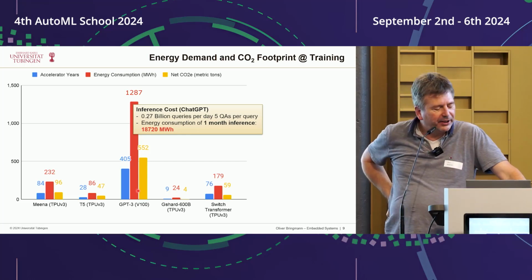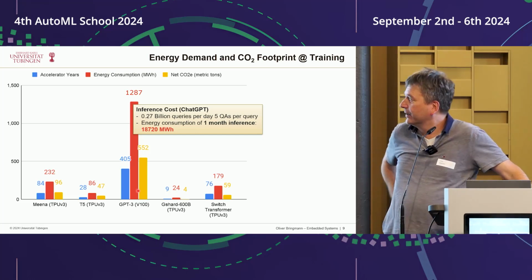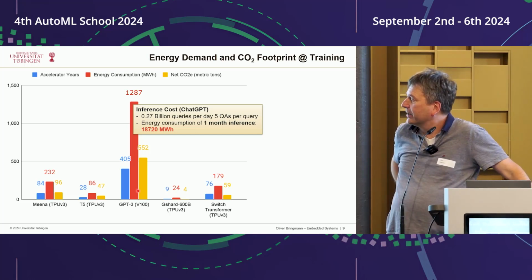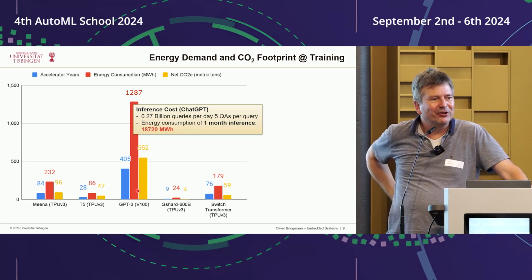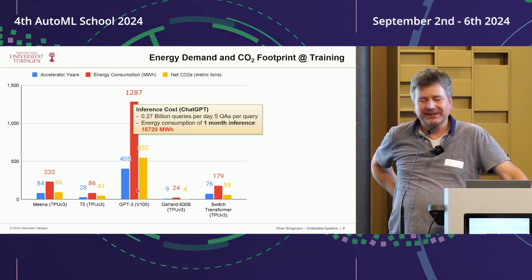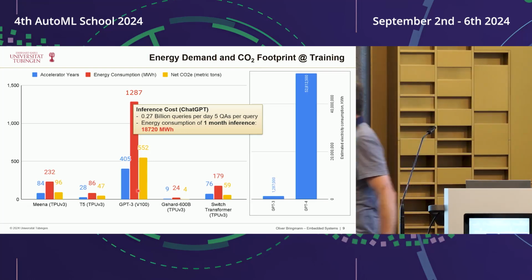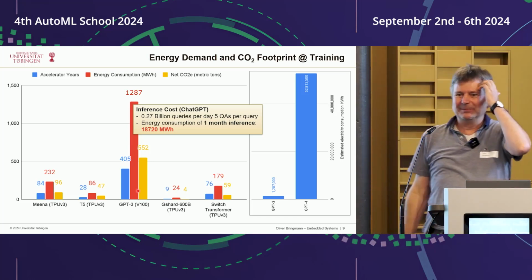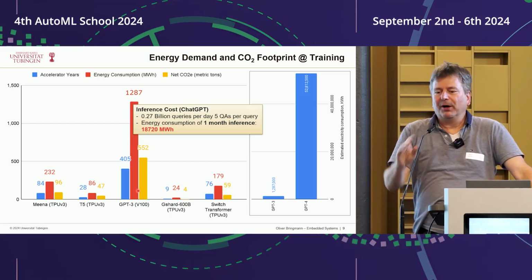Then the energy cost of 1 month of inference would be 18,720 megawatt hours. So it's much more than just for training. And so we have to discuss that. If you go to GPT-4, that's GPT-3, and that's the bar for GPT-4. It seems not to get better here. It's a problem.